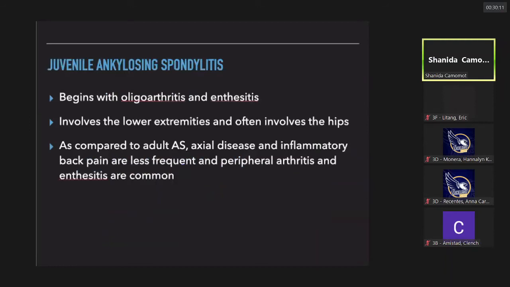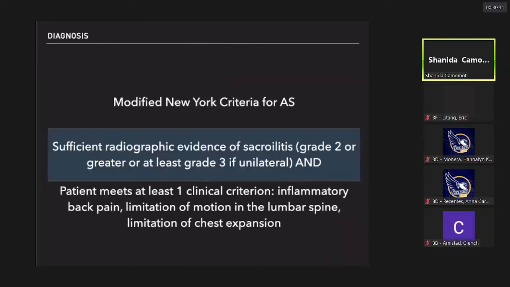It begins with oligoarthritis and enthesitis, and it involves the lower extremities and often the hips. Compared to adult ankylosing spondylitis, axial disease and inflammatory back pain are less frequent, and peripheral arthritis and enthesitis are common.